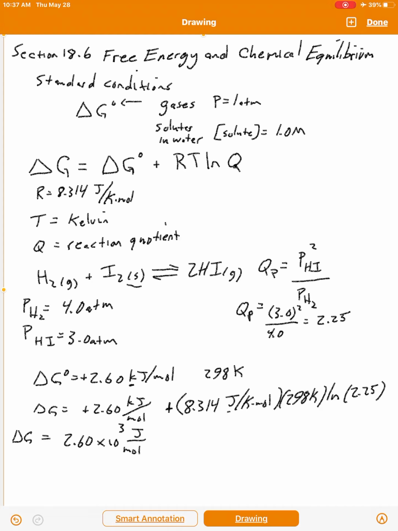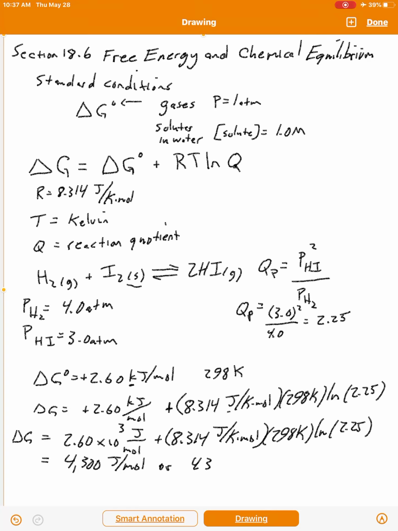Then we could add that to the next term, 8.314 joules per kelvin mole, times 298 Kelvin, times the natural log of 2.25, which is unitless. What you get is 4,300 joules per mole, or 4.3 kilojoules per mole. So we can calculate delta G under non-standard conditions just by using that equation.